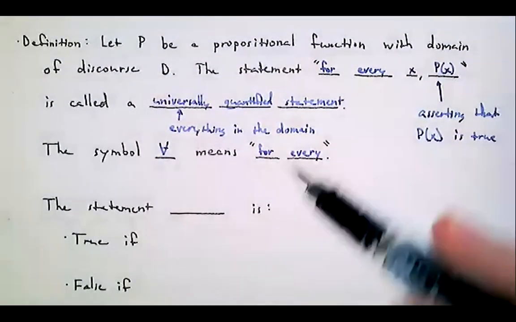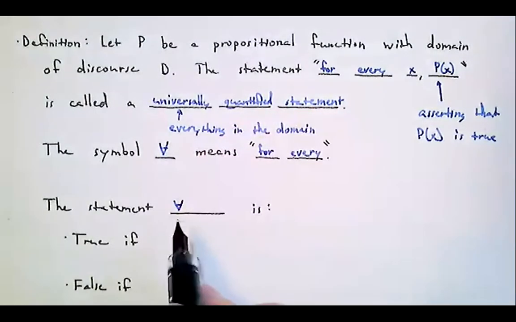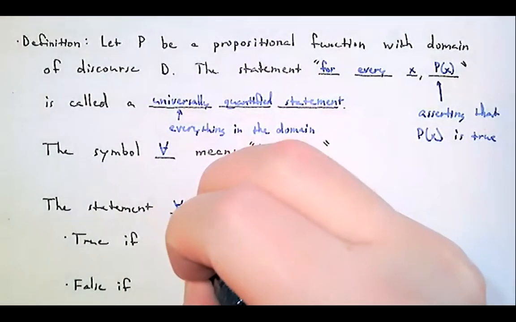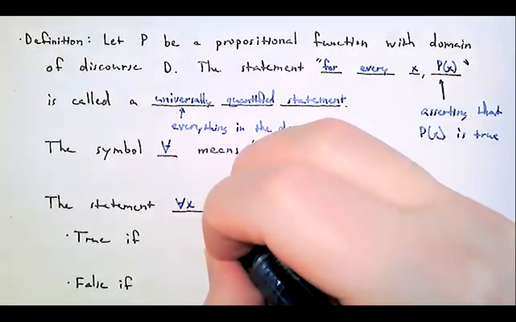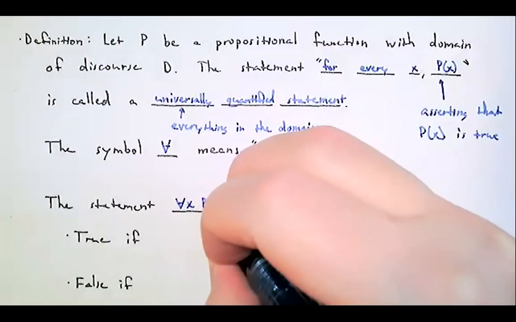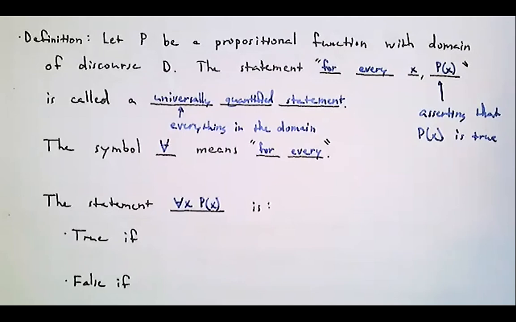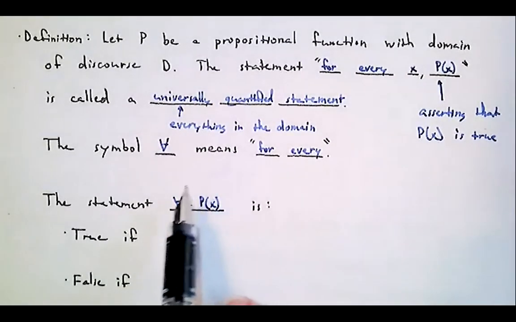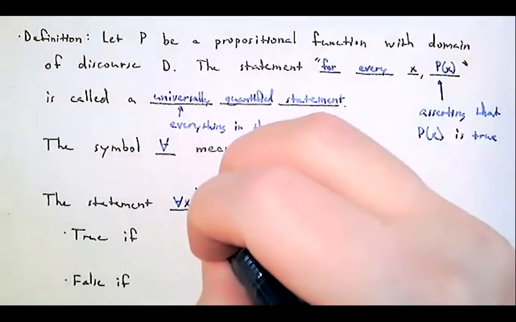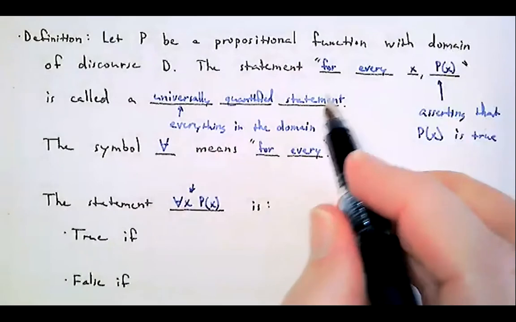So instead of writing out the words, what we'll write in math is the upside down A, the letter X, and then the proposition, P of X. So this is the symbolic way of writing this same sentence.